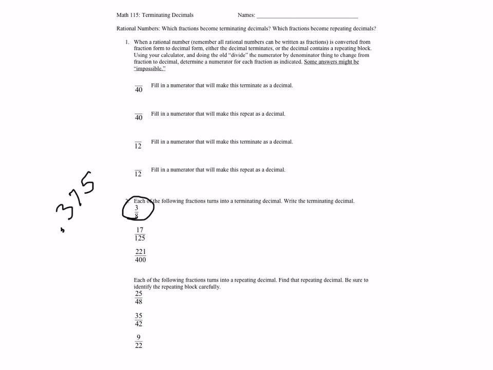But I want you to come up with a way to change fractions to decimals without using your calculator to divide. You might still use your calculator, but I don't want you dividing the numerator by the denominator, okay?